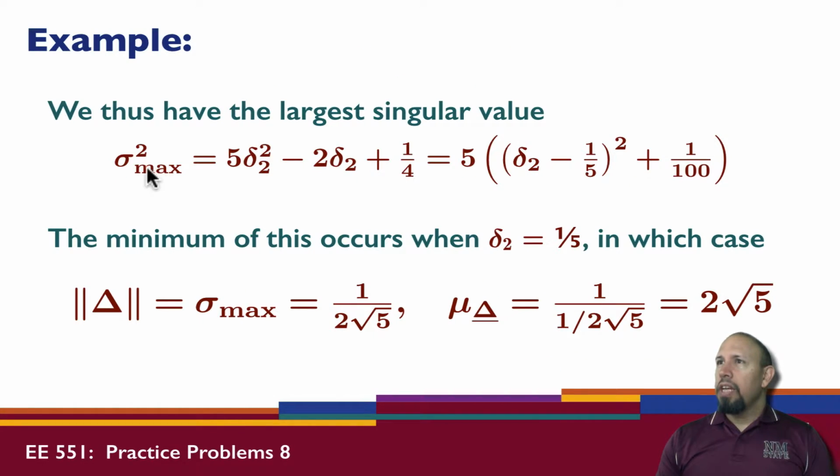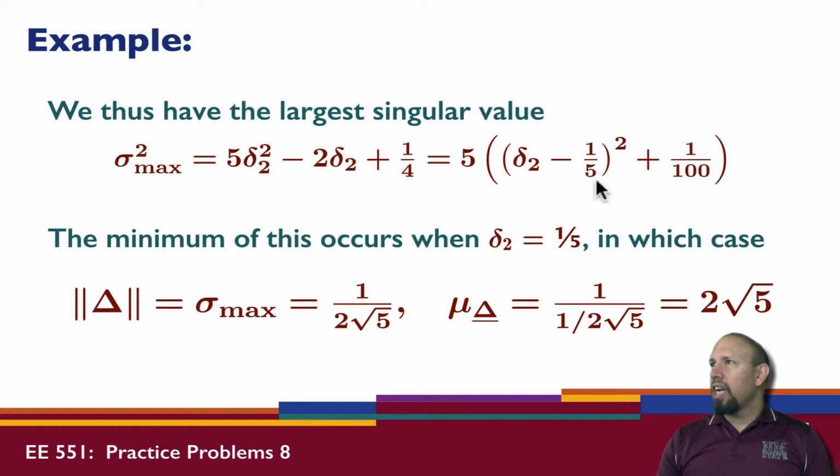So the largest singular value squared actually is that quantity, which I can complete the square. And so if we minimize the maximum singular value with respect to delta 2, I can see that I need delta 2 to be equal to 1/5. And if I choose that, then the norm of capital delta, which is the largest singular value, is 1/2 root 5.